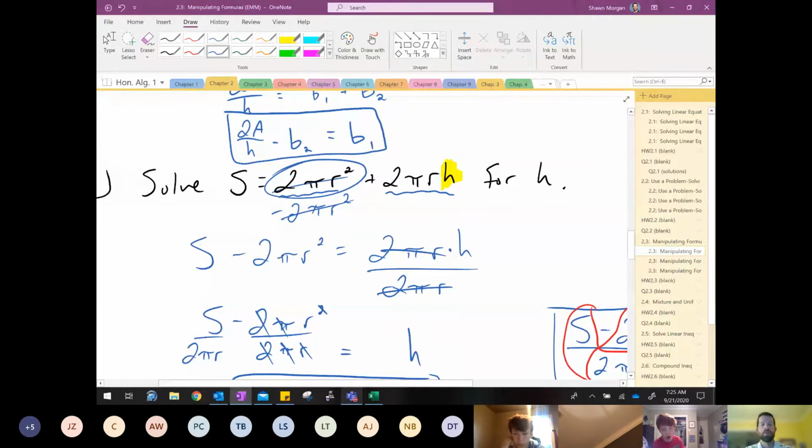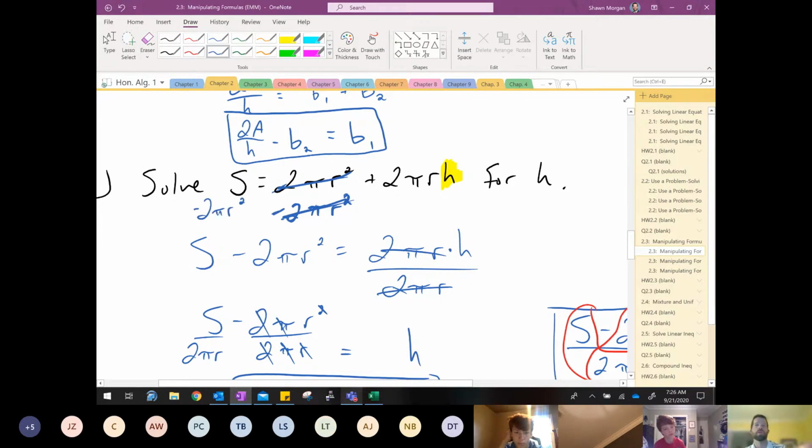Those two terms were being added together, right? So to undo that addition, we subtract 2 pi r squared from both sides. Whatever we do on the right to cancel that non-h term out, we do on the left as well, 2 pi r squared.